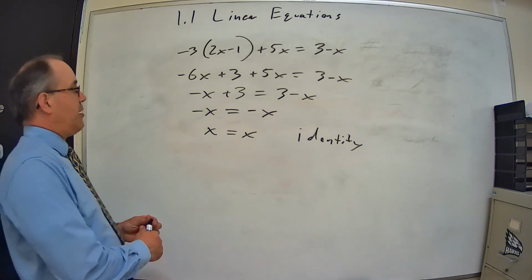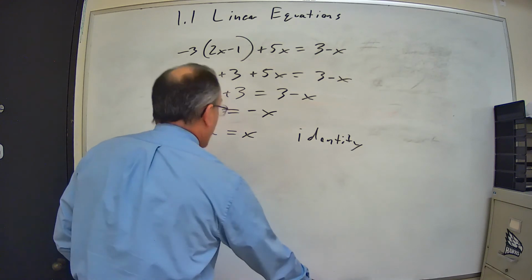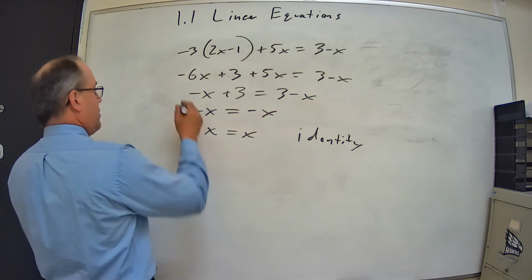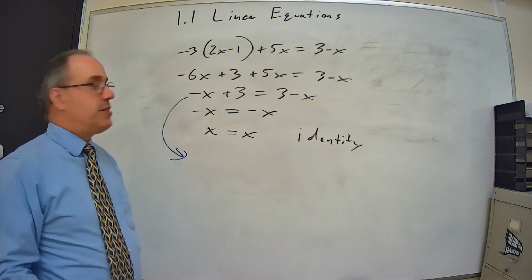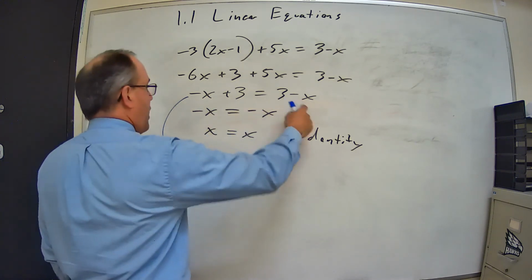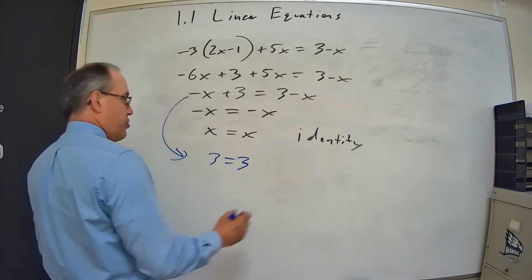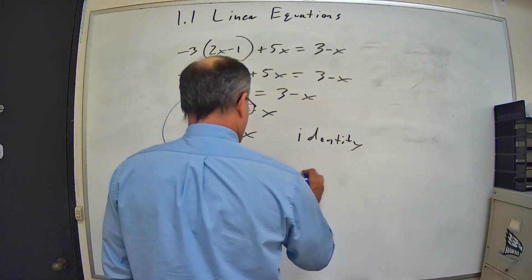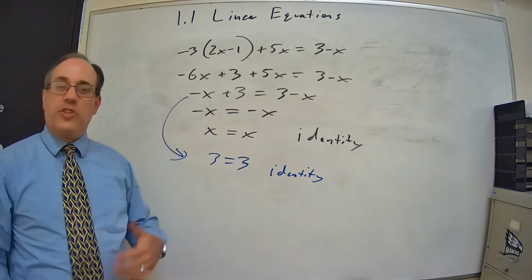No, we could have done it a number of ways, but just pointing out, if at this point we had decided to move the x's first, we could have added x to both sides, and we would have had 3 equal to 3, which would make it an identity. Right, because we still have a true statement.